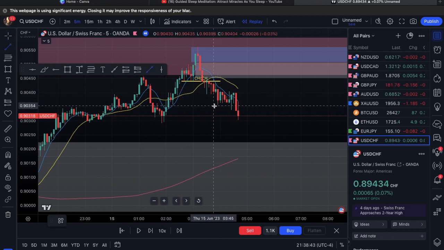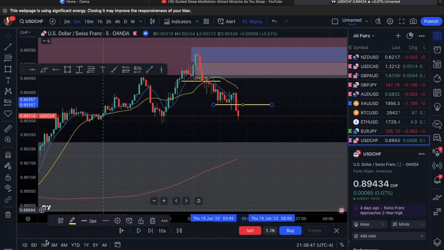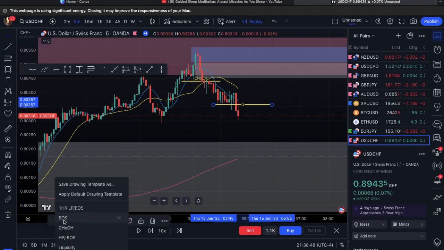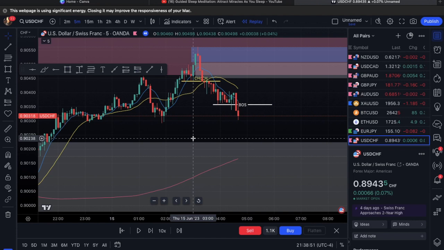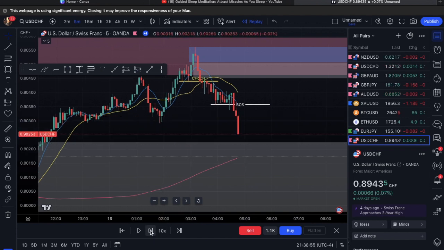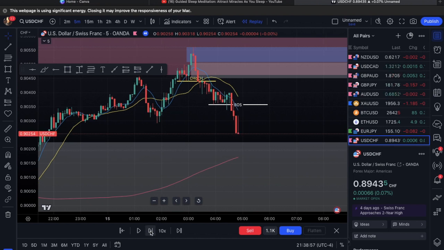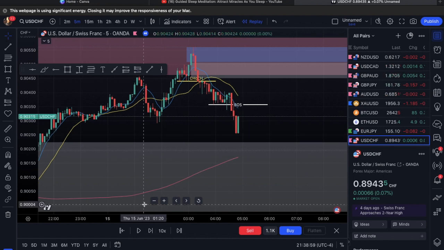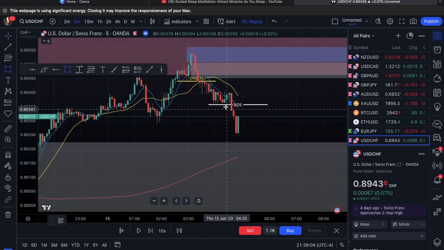All right, so broke structure again. It's not a high probable. Well, now it is. All right.